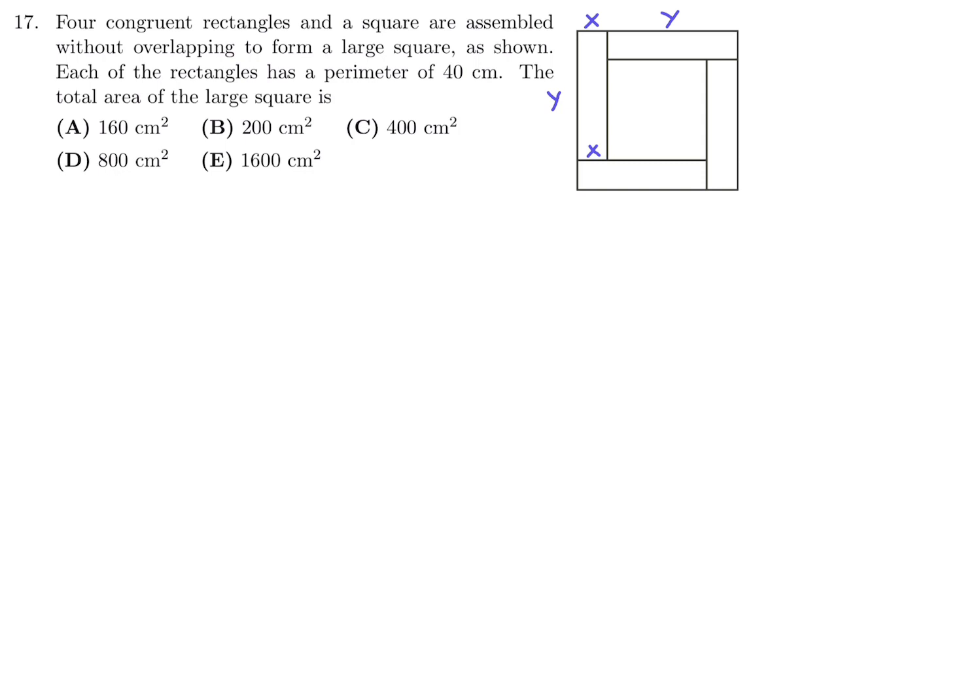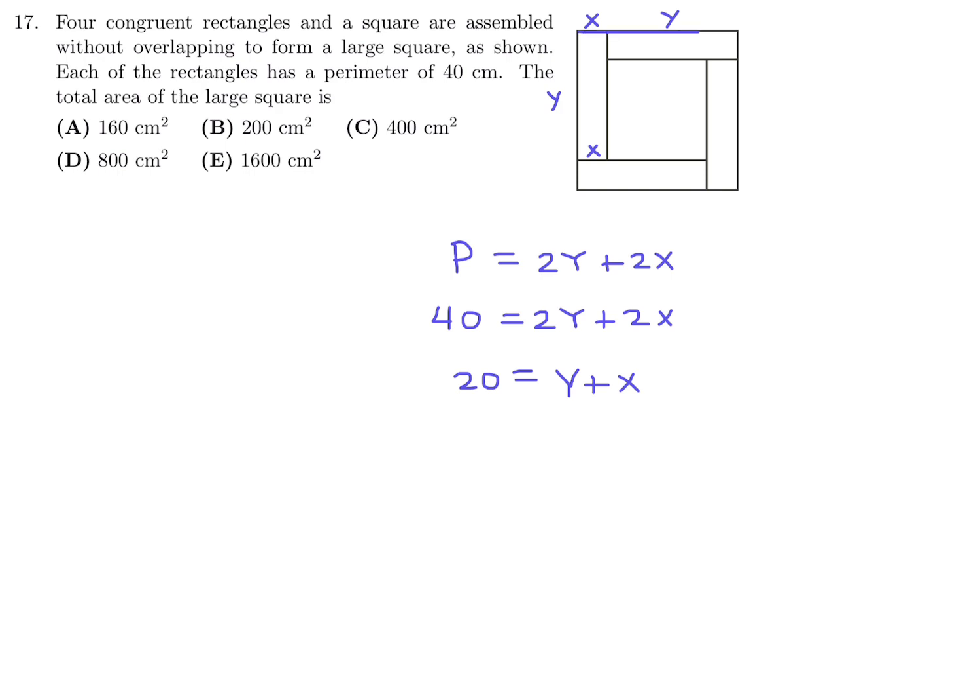So each of these rectangles has a perimeter of 2y plus 2x. And they tell you the perimeter is 40. So that means 2y plus 2x is 40, and therefore y plus x is equal to 20. Now they want you to figure out the area of the large square.